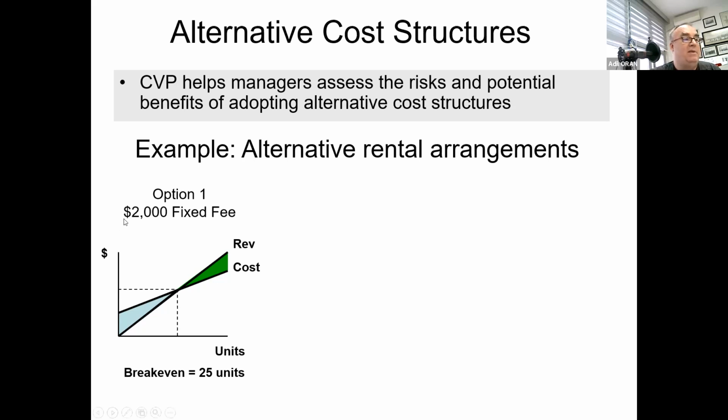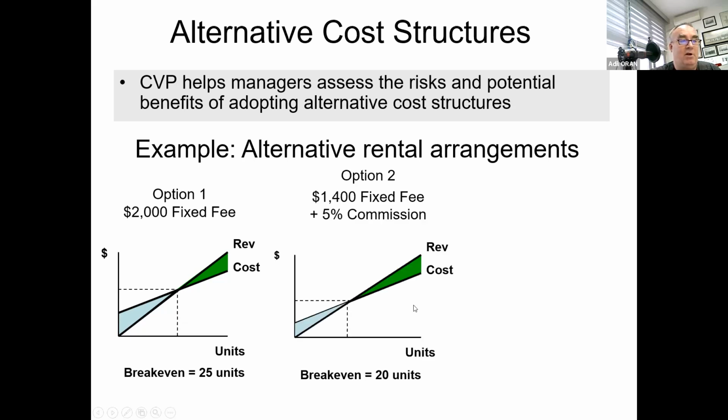So here, if you have a $2,000 fixed payment that you're making, that's going to determine this point over here, right? And in that case, your break even is at 25 units. Another alternative might be to pay 1,400 fixed, but give them a percentage of the sales. So 5% commission might be another alternative.